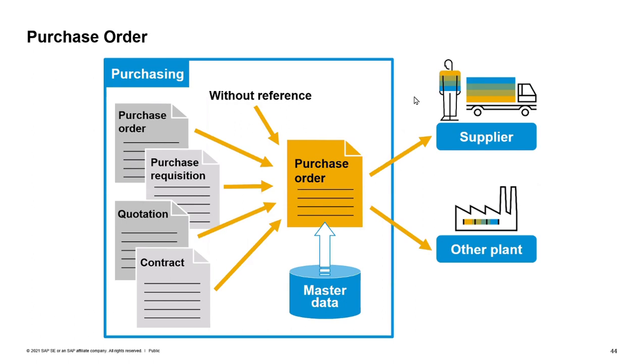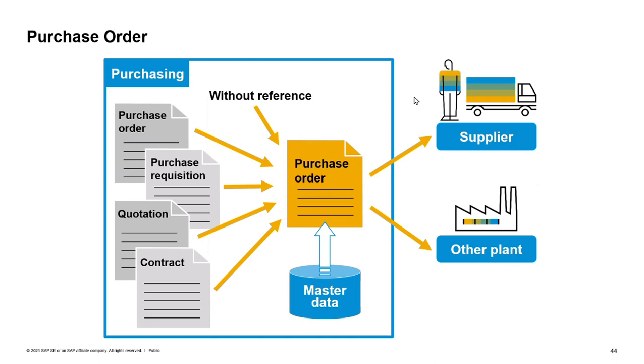PO, after we assign the source of supply, is a formal request from a purchasing organization to a business partner or a plant to supply or provide a certain quantity of goods or services at or by a certain point in time.